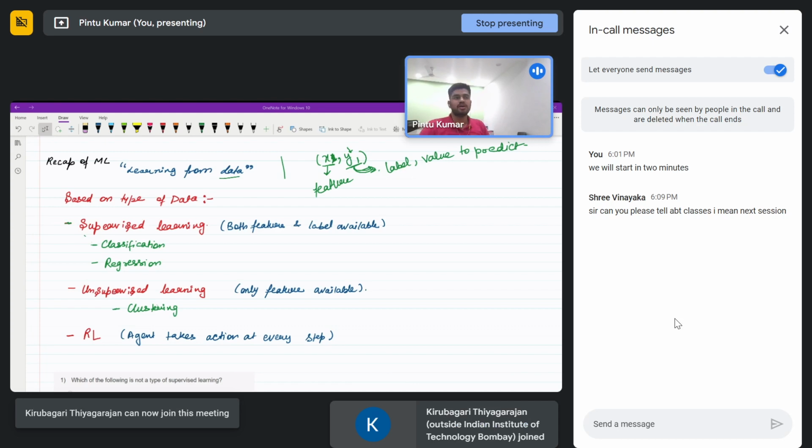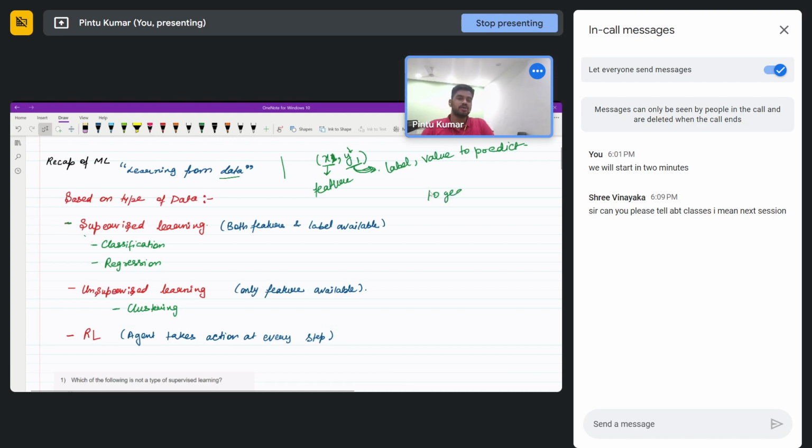For example, let's say for the past 10 years you are given, for every day, the temperature and humidity. This is your x, that is temperature and humidity, and you are also given yi, that is whether it rained on that day or not, rain or no rain.